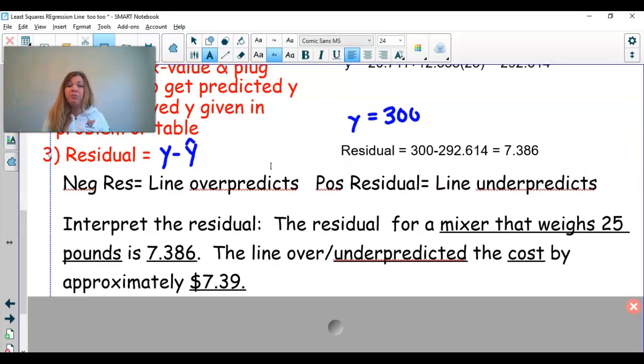Okay. All right, again, when we interpret, just know this is my X, what happened, what I plugged in, in context. This right here is the value of the residual. Then I talk about if it underpredicted, this right here is the Y variable, the cost, by approximately, here's my residual in context. We're done. You should feel comfortable. How do we calculate a residual? Good to go.